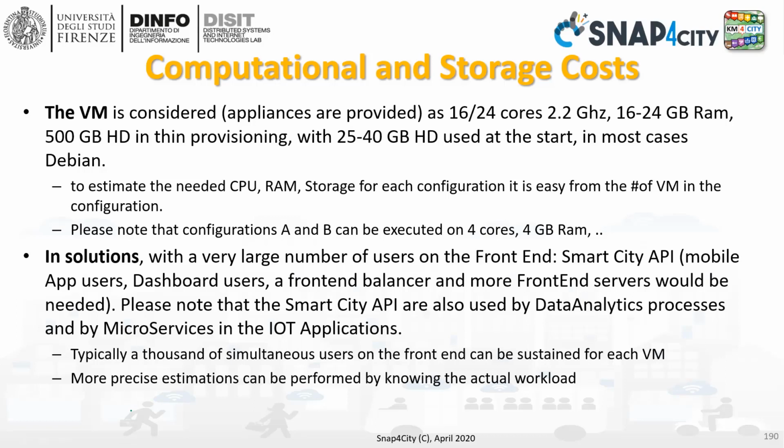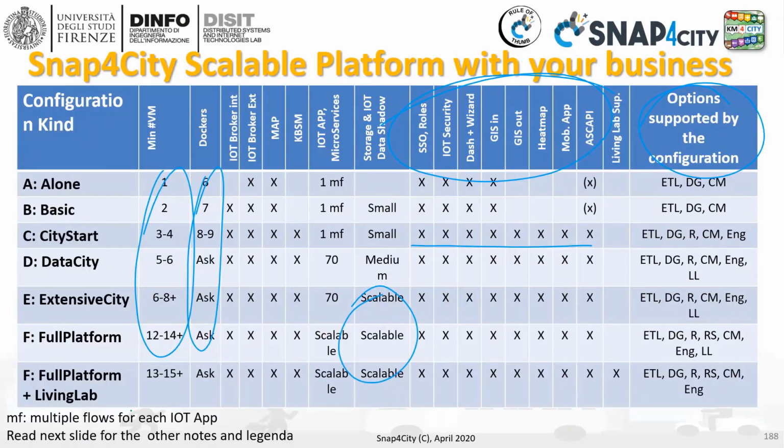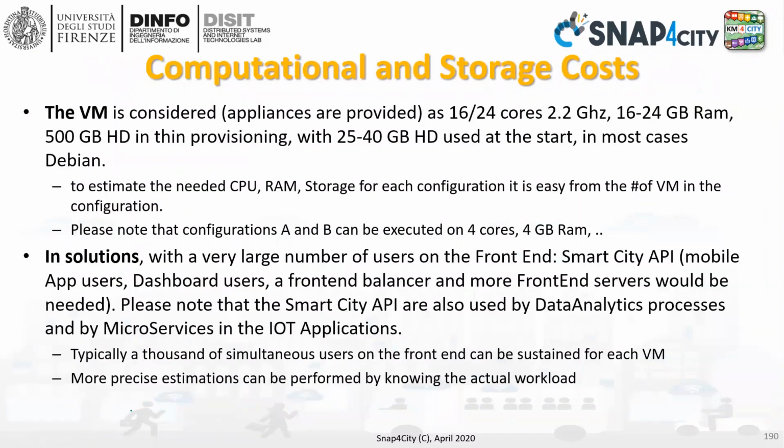So when you start, for instance, a City version, for example the Extensive City or a DataCity version, based on Docker you can install everything in one single virtual machine with 24 cores, 16 gigabytes of RAM and 500 gigabytes of hard disk, everything inside. And you can enlarge your storage with additional clustering storage as you need.